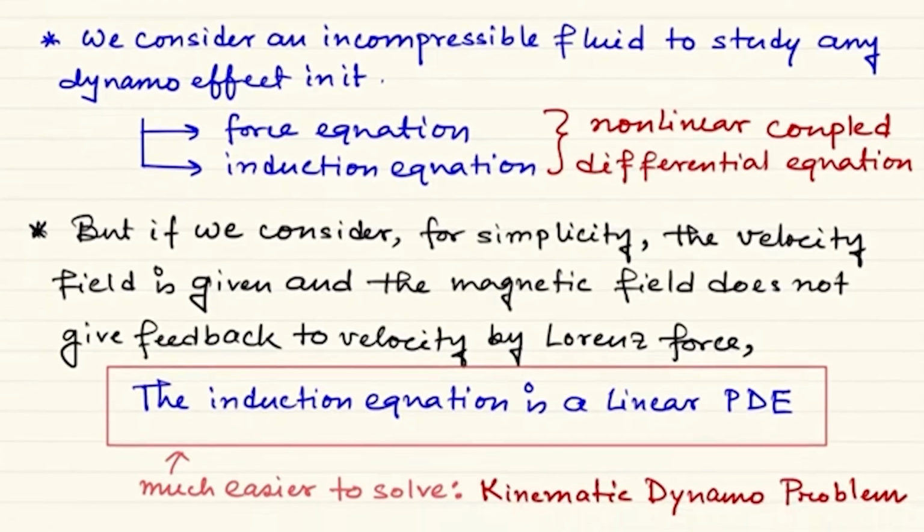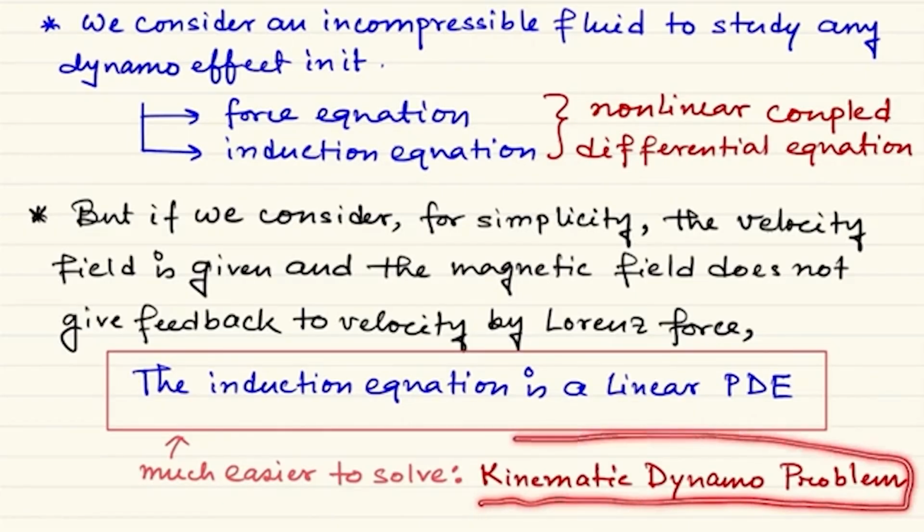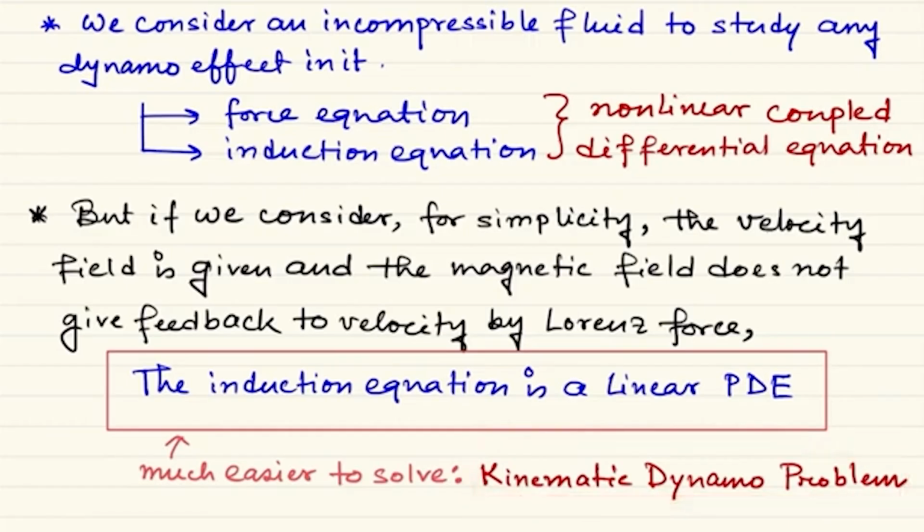Now, for historical reasons and for the sake of simplicity, in introductory courses we almost all the time talk about the kinematic dynamo problem, where the induction equation is totally decoupled from the momentum equation, and the magnetic field does not give any feedback to the velocity through the Lorentz force.